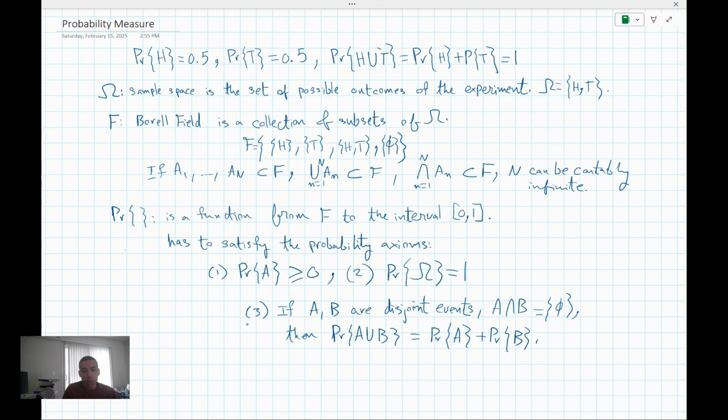And for those probabilities to satisfy an intuitive understanding that we have about things that can happen, they have to satisfy these three axioms. That is, the probability is non-negative, the probability of omega is 1, and the probability of disjoint events is equal to the sum of the probabilities of those events individually.